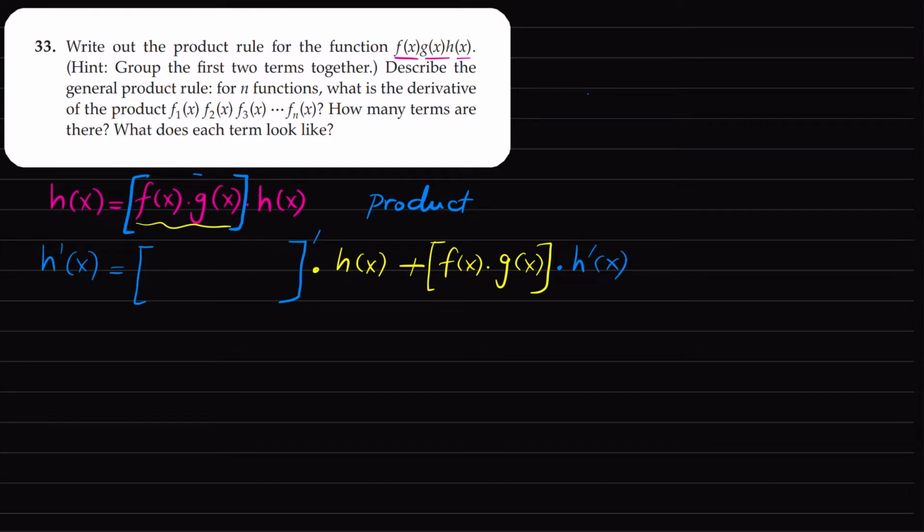Now we will do the derivative for the inner. So we also need to use a product rule. So it's f prime of x multiplied by g of x plus f of x multiplied by g prime of x. Now we can simplify it by expanding.